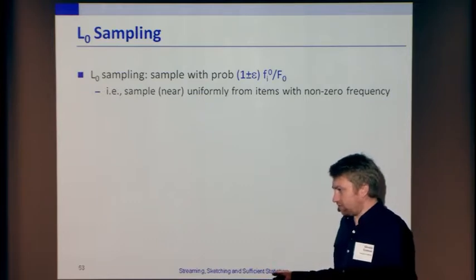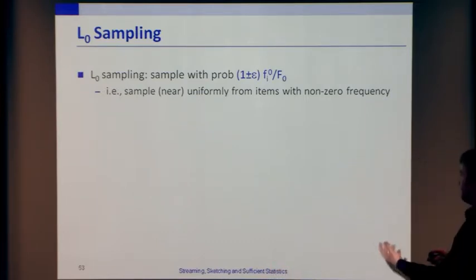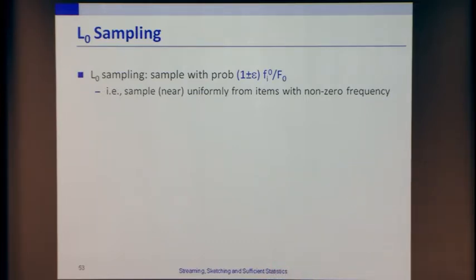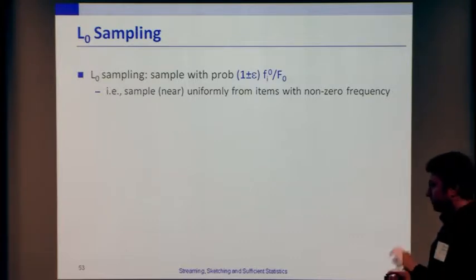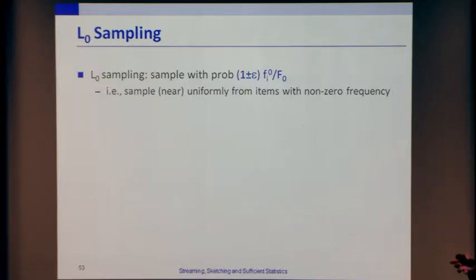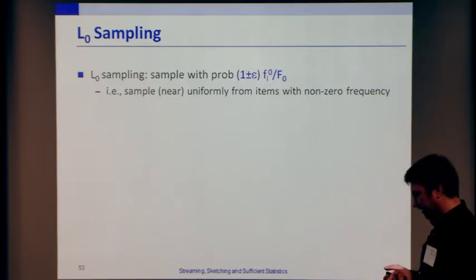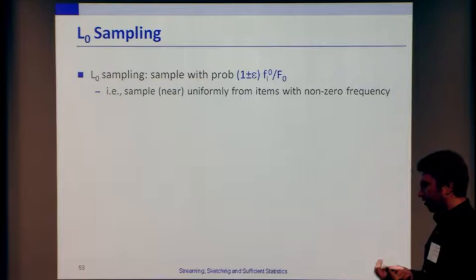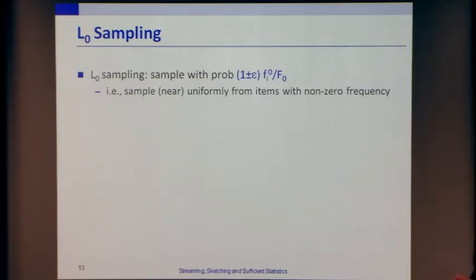So L0 sampling, we want to sample from the support set. Why is this difficult? It's difficult in this particular case because I'm looking at inputs with positive and negative weights. So in particular, if I just start sampling from things that appear in the input stream directly, then it's entirely possible that I'll have a somewhat difficult arrival distribution that zeroes out their contribution later, right?